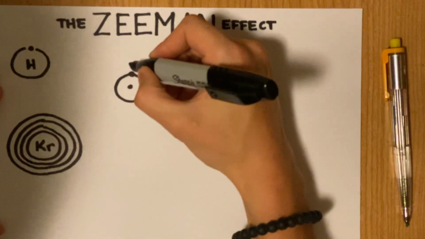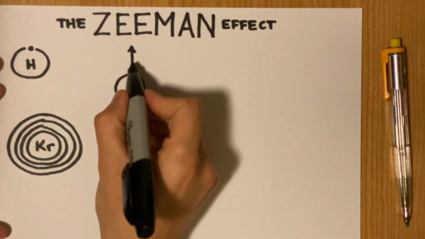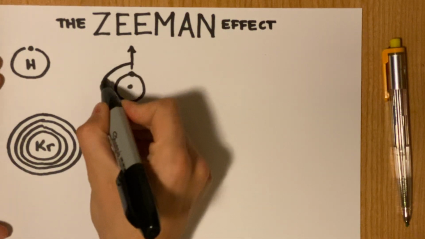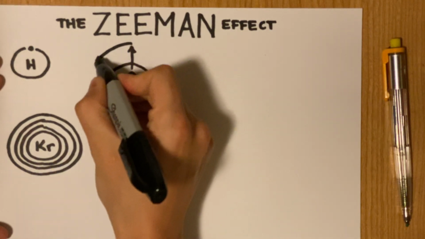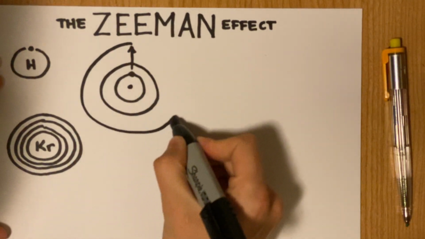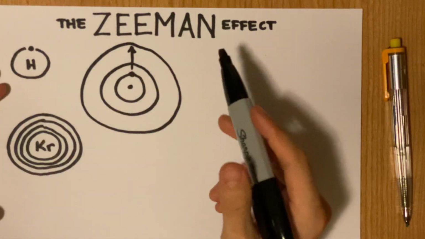It actually will move outward into another energy level. I'm going to draw these nice and wide so I've got space for later. And I'm going to say that we've excited this one so that it moves out to the third energy level, to the third electron shell.